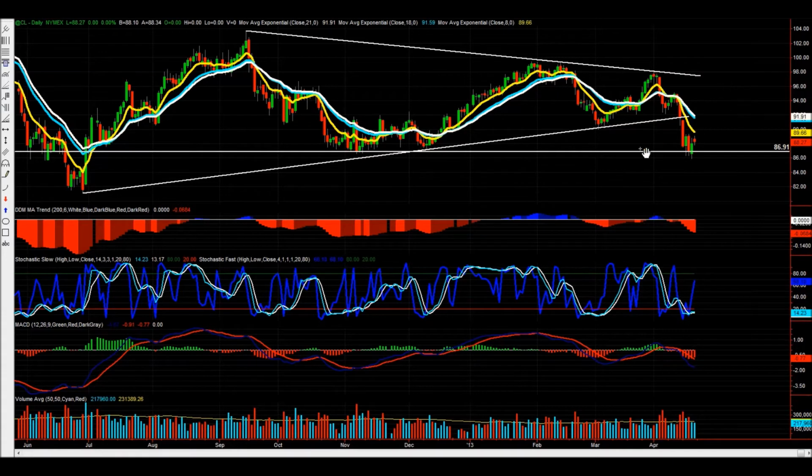So essentially now I think we're back down to support. We've got a lot of congestion in this area. And what I'm looking for here is to see if we're going to hold like 86.91. And if this pattern actually busts and it reverses through the high side, then that's what I'd be looking for.